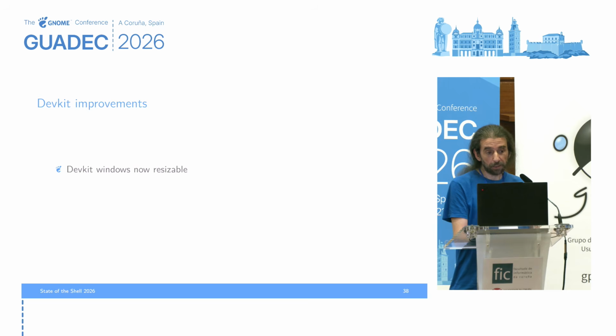And then there's been some DevKit improvements. And if you don't know DevKit, it is our new way to run Mutter nested inside a window, so you don't have to run it on your system or anything, and it's kind of convenient for development, at least.